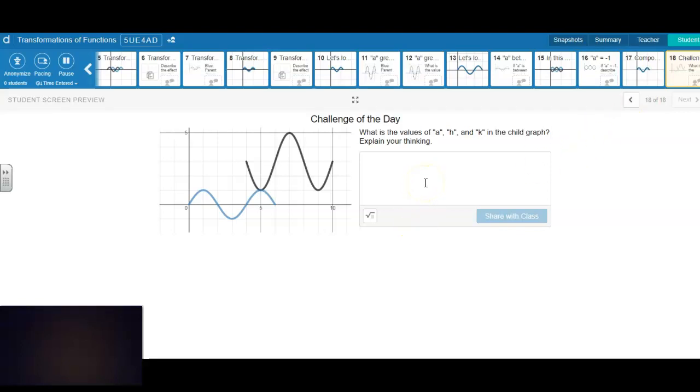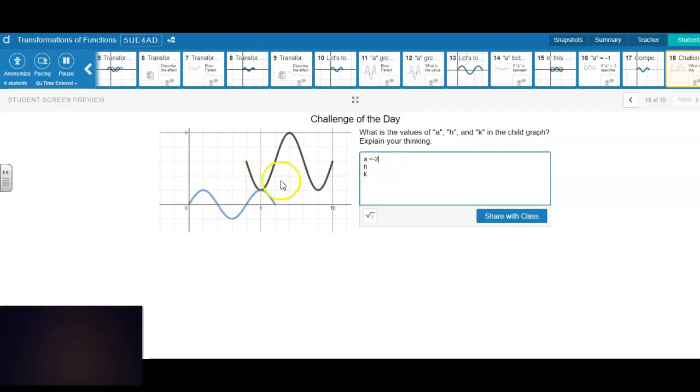So we're asked to find the values of A, H, and K. This is definitely a flip. They're giving us a little challenge here. I look at this point right here. It's peaked at 1, and this one's peaked at 2. So it looks like our A might be -2 because it's flipped.